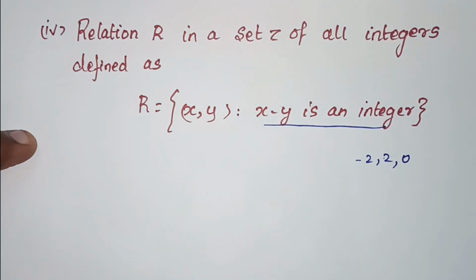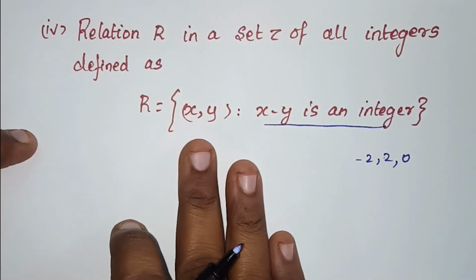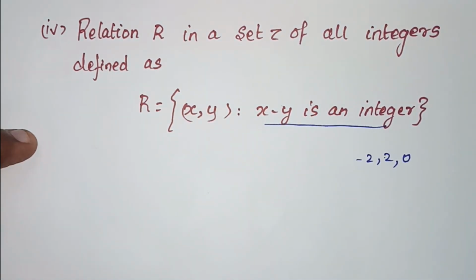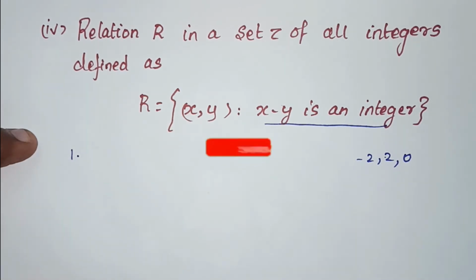So minus 1, minus 2, minus 3, minus 4, minus 5 up to infinity, and 0, 1, 2, 3, 4, 5 up to infinity. All these elements belong to integers. Okay. So we can't write the relation set because it goes up to infinity. So first we can directly check the properties.